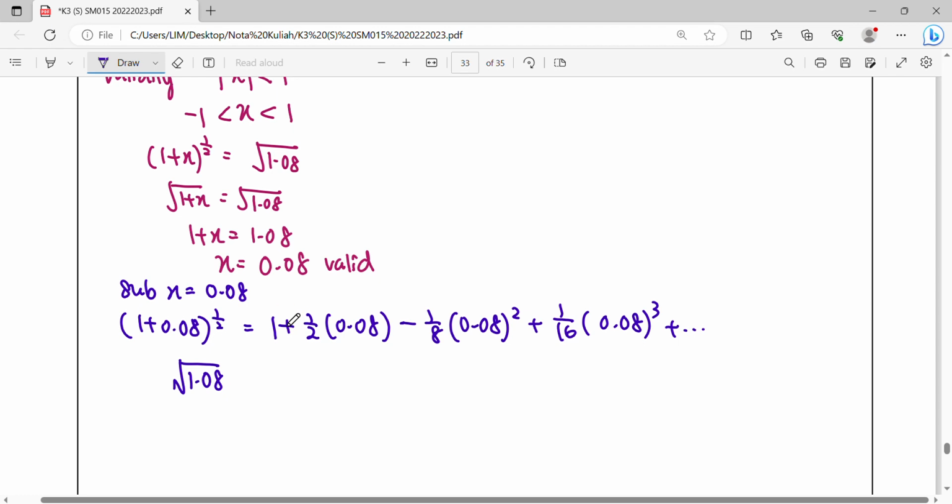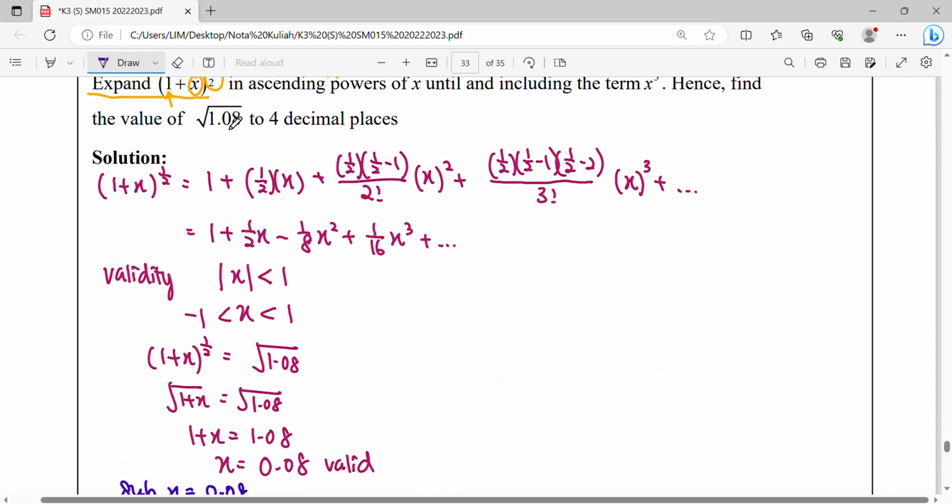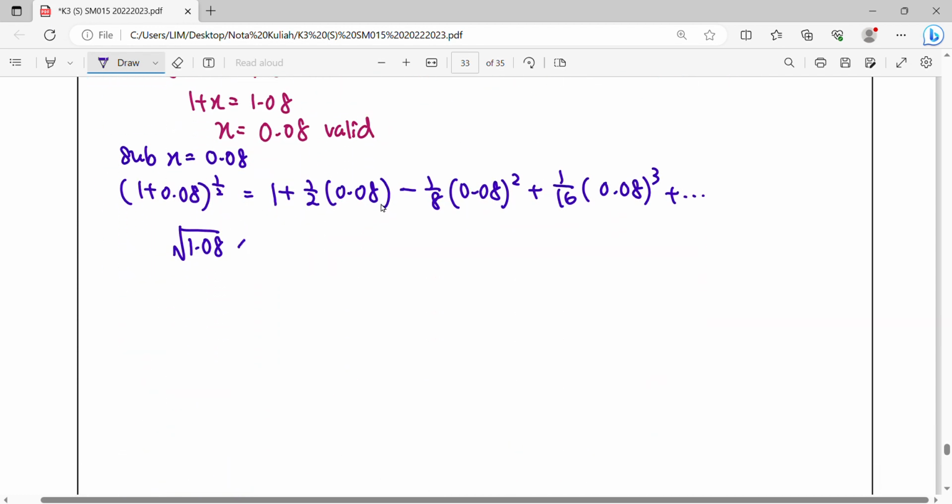And then for the right hand side, we have to simplify it to 4 decimal places. So press your calculator and round it off to 4 decimal places.